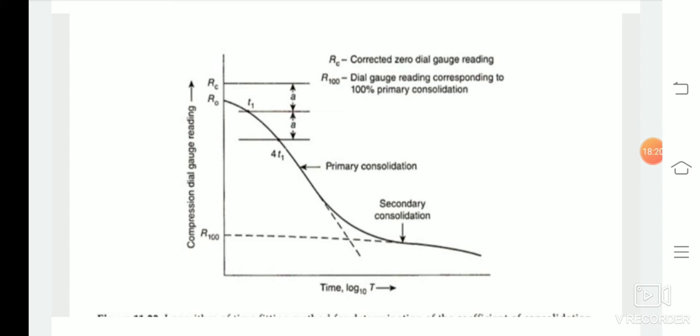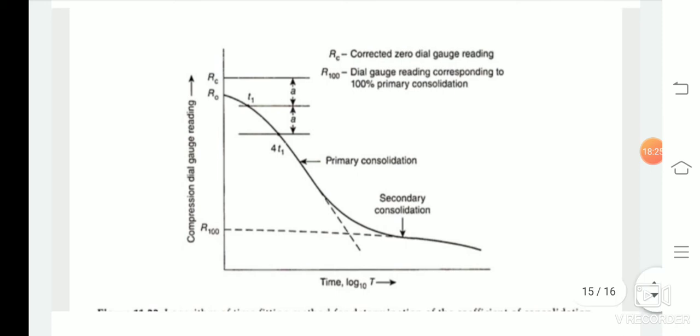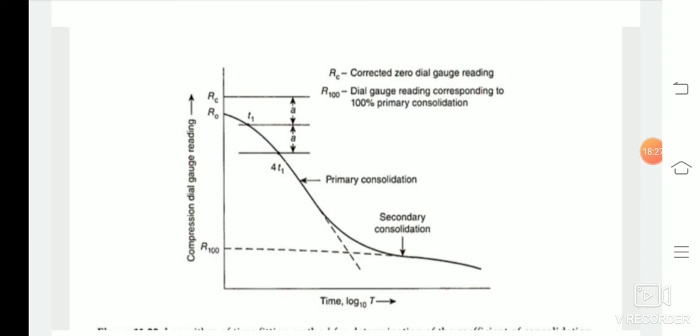Then we have to measure the vertical distance A on the curve between points corresponding to the time t equals 1 minute and t equals 4 minutes. The corrected dial gauge reading RC is obtained by drawing a horizontal line at a vertical distance A above the point corresponding to t equals 1 minute.